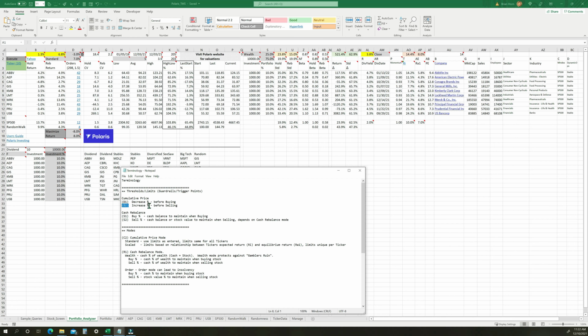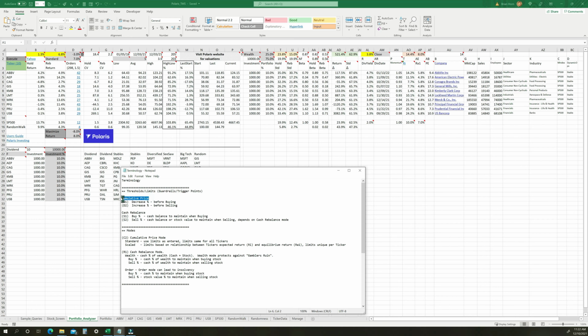Increase percent is a trigger point resulting in selling a stock. Cash rebalance thresholds, namely S1 and S2, indicate how much cash to maintain when buying or selling when a trigger point is reached. S1 is a percentage to maintain when buying a stock. S2 is a percentage to maintain when selling a stock.